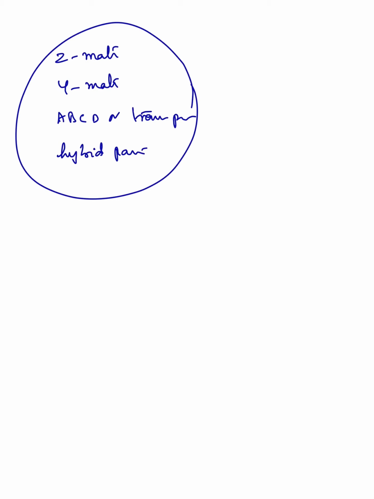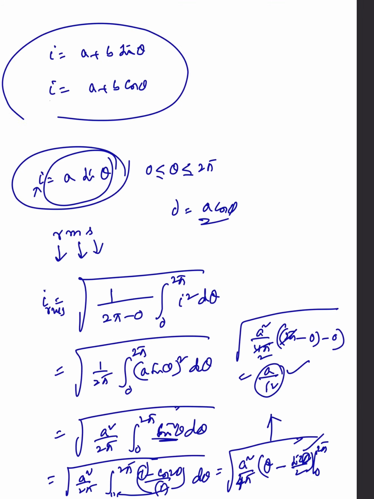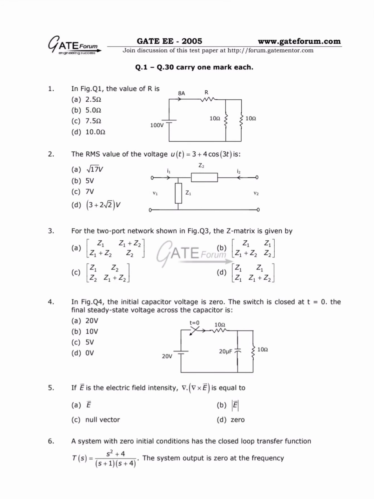There are basically 4 ways of representing a transmission line, or not only a transmission line, any electrical circuit. Here he asked for a Z matrix for this figure.